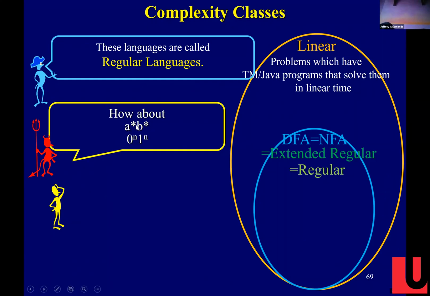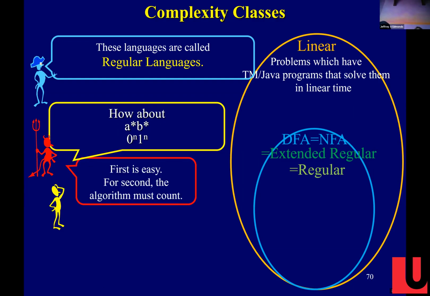Here's the language A star, B star. Is it a regular expression? Well, certainly. It's a number of A's followed by a number of B's. The first is easy, but the second, here, is some number of zeros followed by some number of ones, and they have to be the same number.